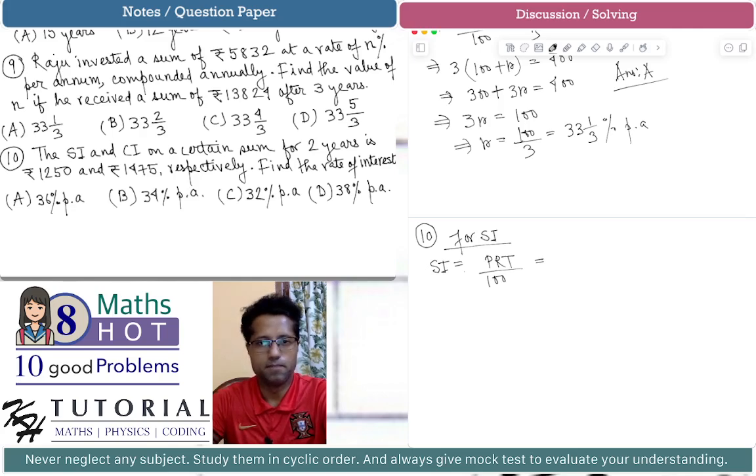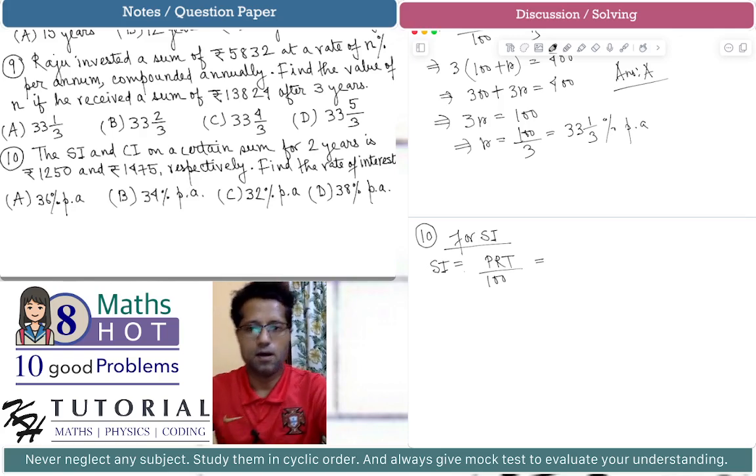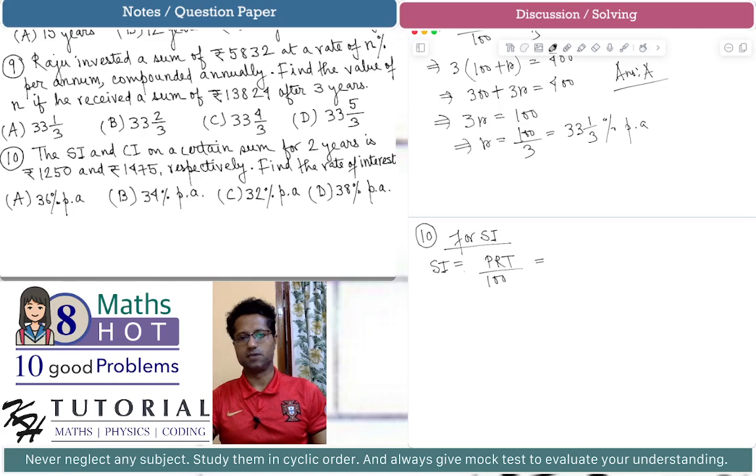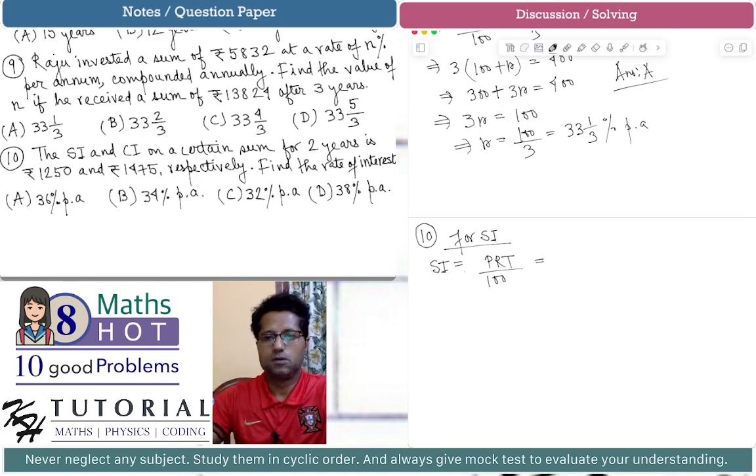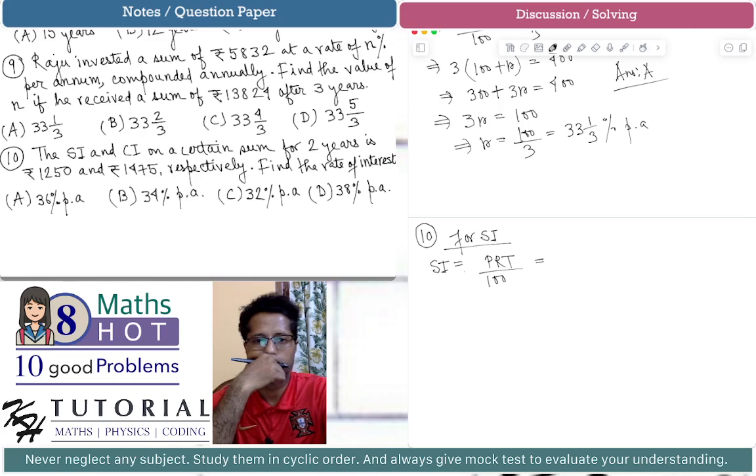P we do not know. P is the certain sum which will be same for both computing the SI and CI. P and R are same, and T is also same. We have to find the rate of interest.